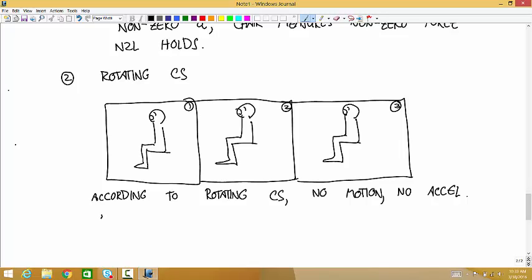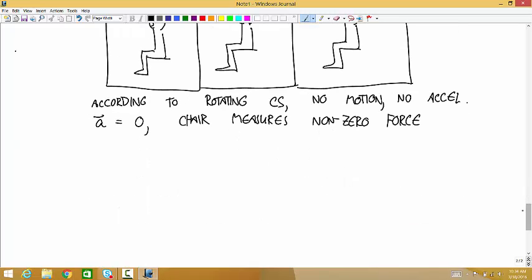And so you get an acceleration vector that's equal to 0. The chair still measures a non-zero force. So Newton's second law doesn't hold.